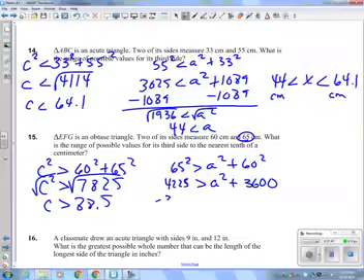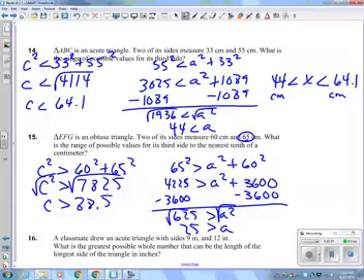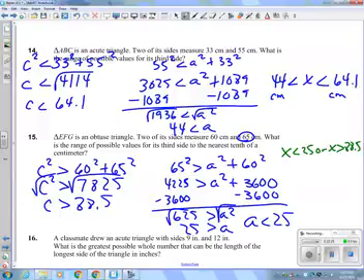So take away the 3600. Square root it. And that tells me that I get 25. But I should turn that around, and A can be less than 25, because it doesn't make sense to have the variable on the right side. It only makes sense if it's on the left side. So now I can write down my final answer, that X can be less than 25 for one side, or X can be greater than 88.5.